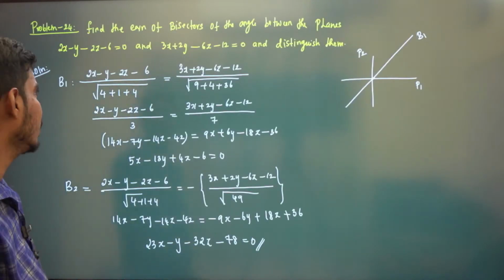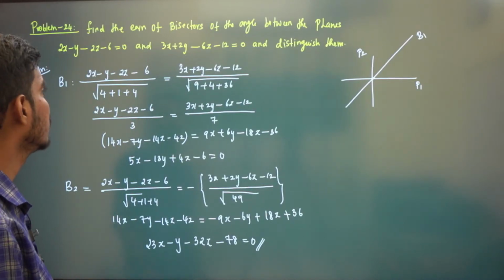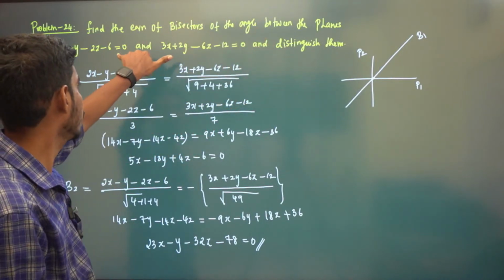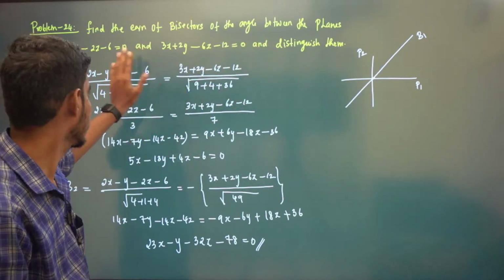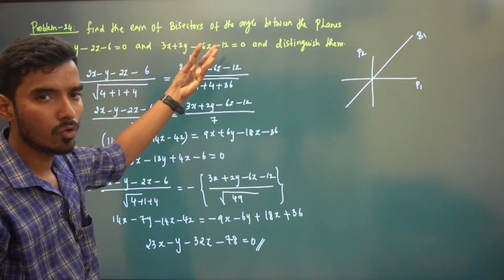I think one problem is enough. In the practice questions, I'll give you more problems, right? Because this one problem is enough to do any problem. If they change the numbers, you can do any question, right?